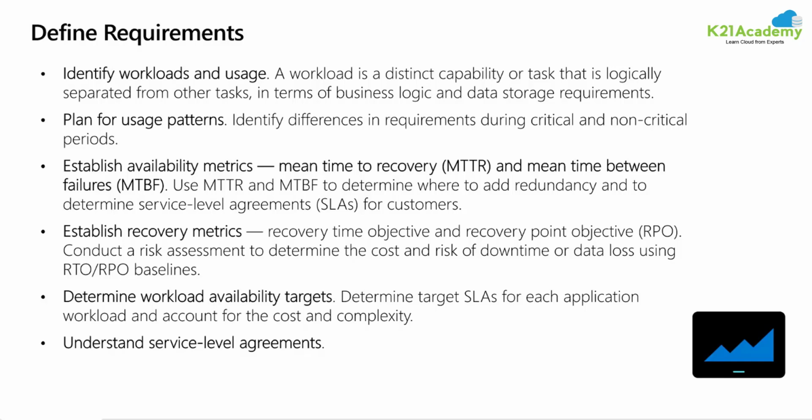If SLA for a particular service is 99.9%, you should expect the service to be available 99.9% of the time. So define your own SLA for each of the workload in your solution. You can determine whether the architecture meets the business requirement. For example, if a workload requires 99.99% uptime but depends on a service with 99.9% SLA, that service can't be a single point of failure in the system.